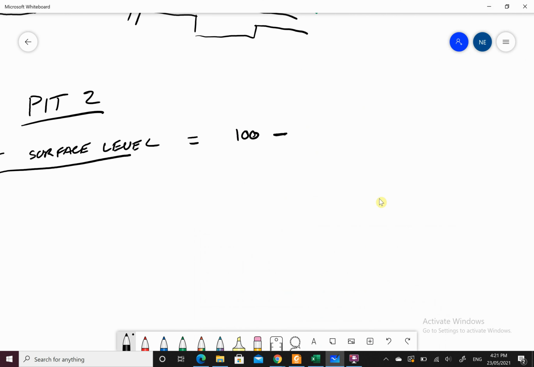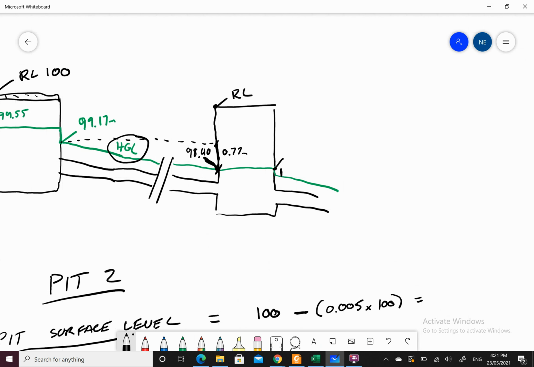So we're subtracting 0.005, it's half a percent, times the distance between the two pits, which is 100, which gives me the top of this pit surface level. So this level here is equal to 99 point something.